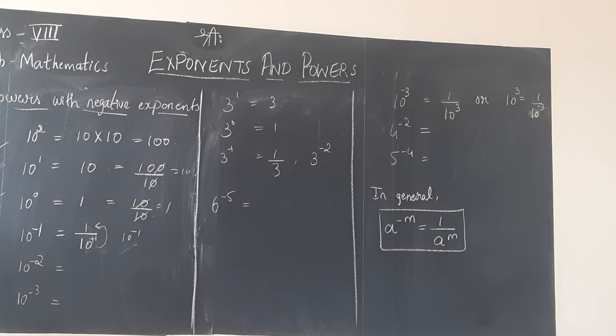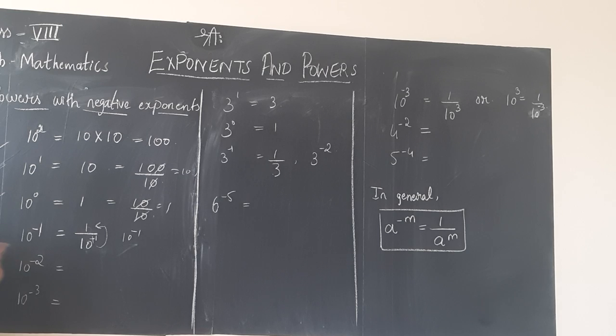Whenever any numbers are having negative exponents, children, for such numbers you just write 1 divided by and send the whole term to the denominator. Base and the exponent values will never change, but their sign will change. Minus 1 to plus 1 I do. You will understand it when we do more number of problems.